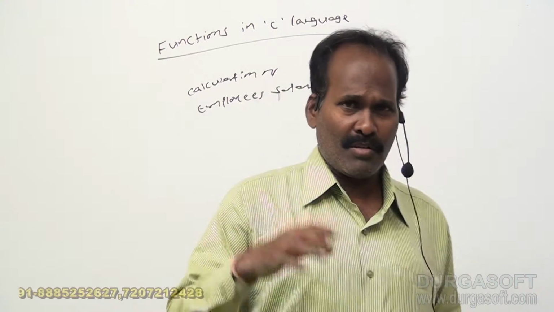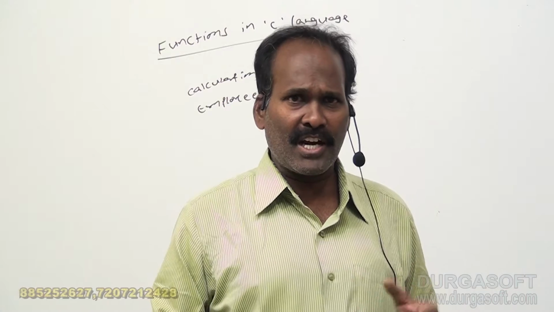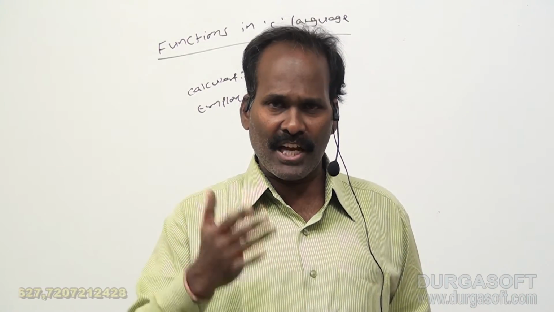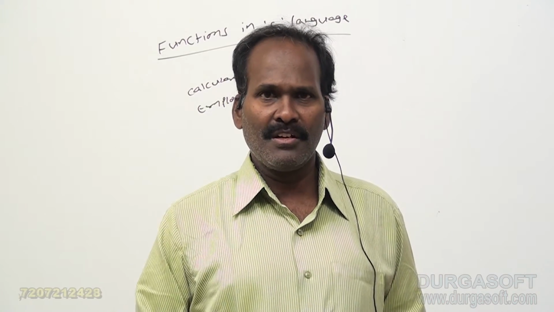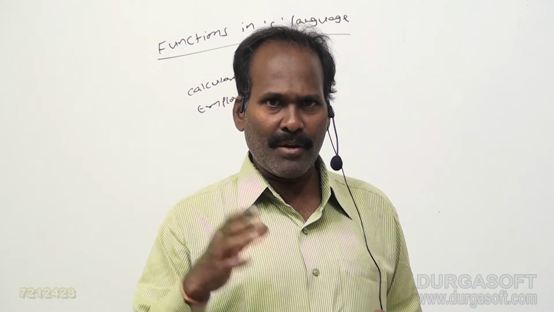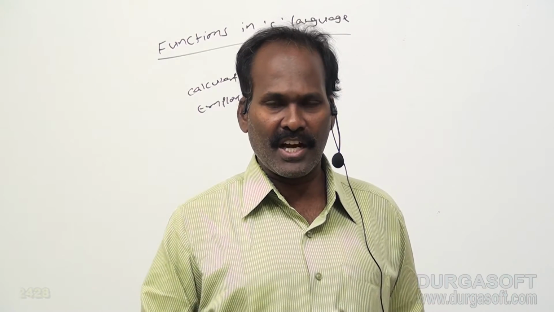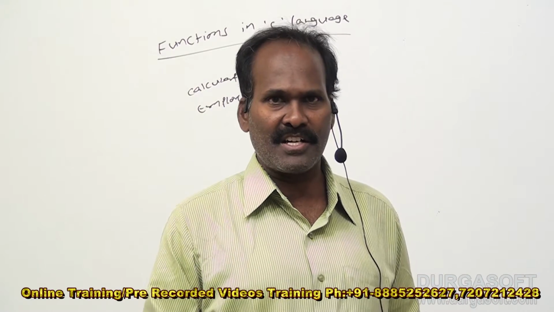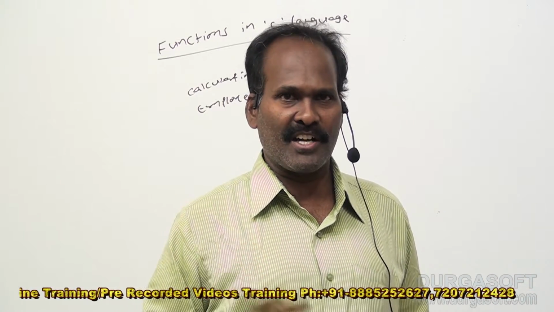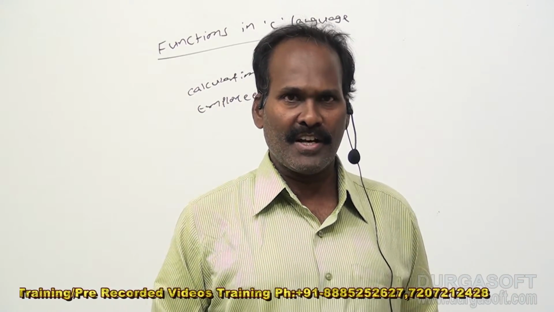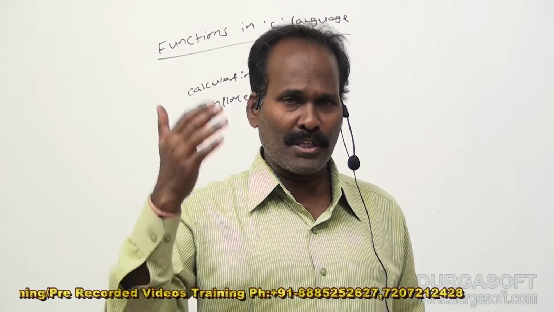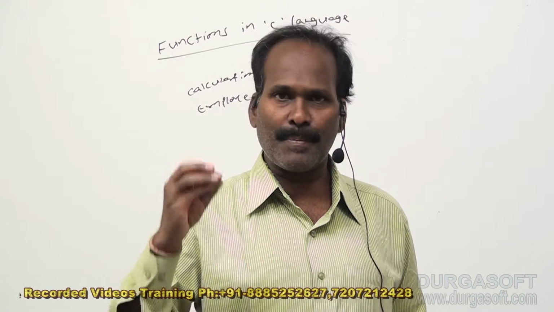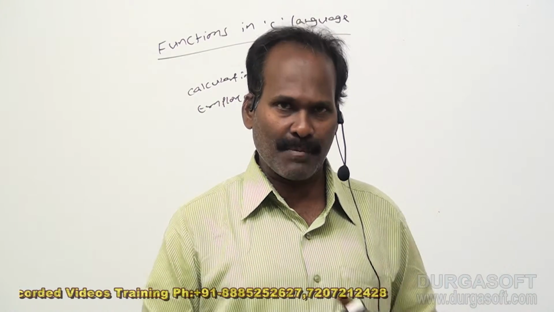So instead of writing the same code in the different applications, we can write the employee salary calculation once and make it centralized. Centralizing means you put the code in a function. Once it is in the function, that particular function can be used by several C applications.